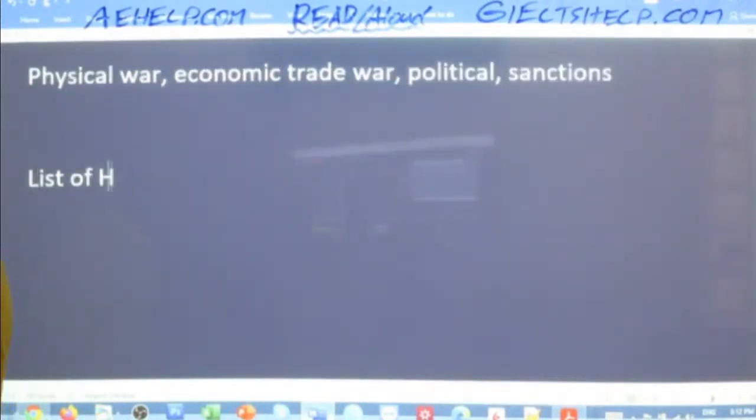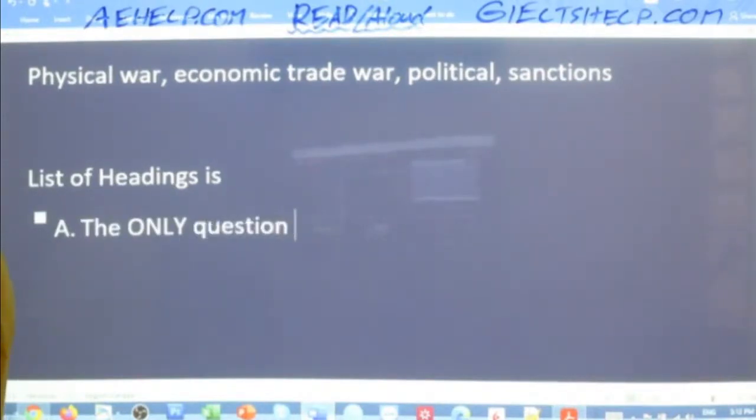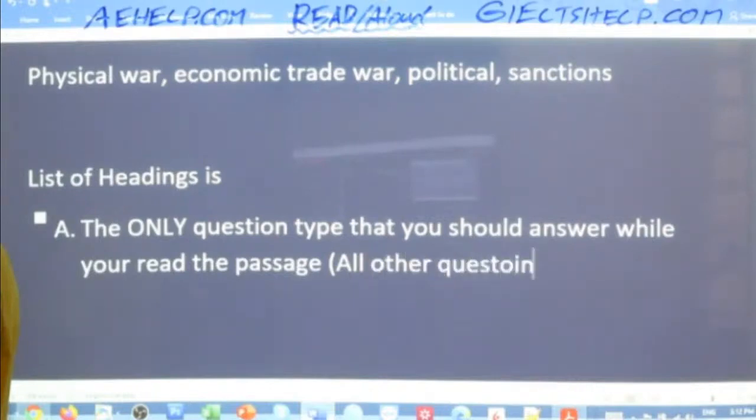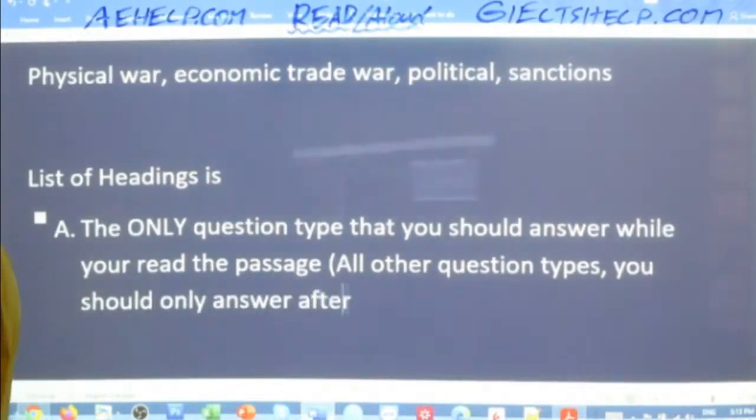So a list of headings is the only question type that you should answer while you read the passage. All other question types you should only answer after you finished the passage.